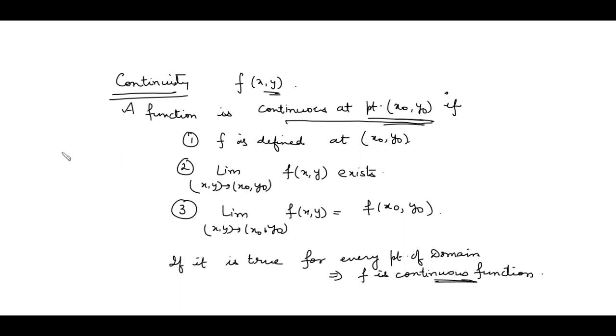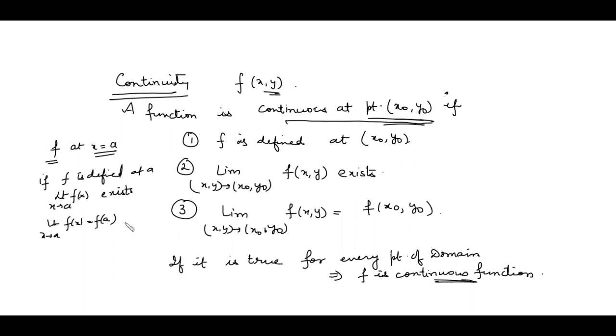Now just recall, in the case of a single variable, what do you mean by continuity? A function f is said to be continuous at x is equal to a if, first of all, the function should be defined at a, secondly the limit as x approaches a of f of x should exist, and the third, this limit should be equal to the value of the function at a, right?